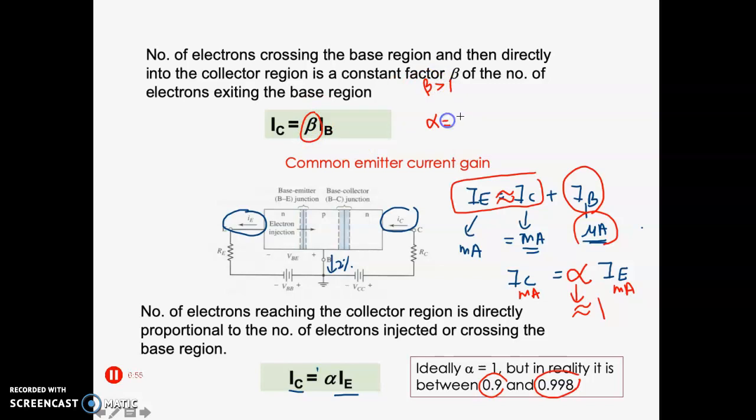Your alpha must be almost 1 because your IC will be almost equal to your IE. So now the basic equations of your BJT: number 1, IE equals IC plus IB. Number 2, IC equals beta IB, so beta must be more than 1. The third equation is IC equals alpha IE, where alpha must be almost 1.